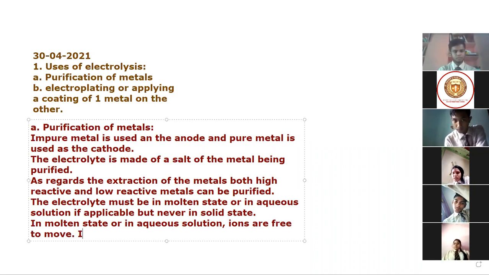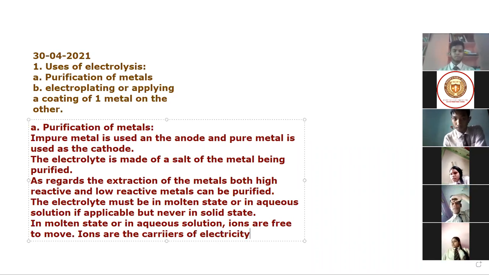Ions are the carriers of electricity. Well done, Nandini. Many typing mistakes, okay. So far what we have seen is that impure metal is used as the anode and pure metal is used as the cathode.